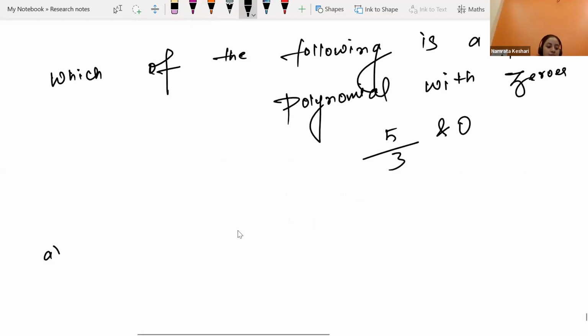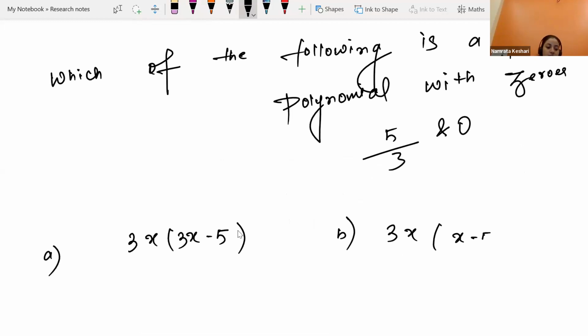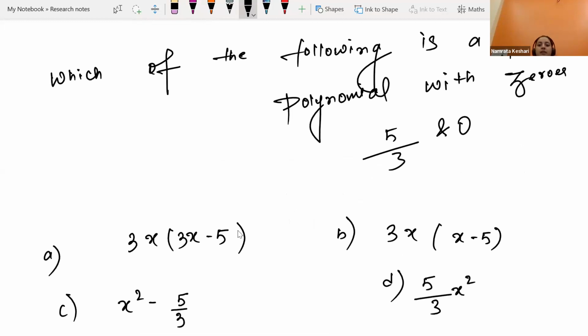Options: A, 3x, x minus 5, it is 3x minus 5. Option B, 3x, x minus 5. Option C, x square minus 5 by 3 x. Yes, please do it.